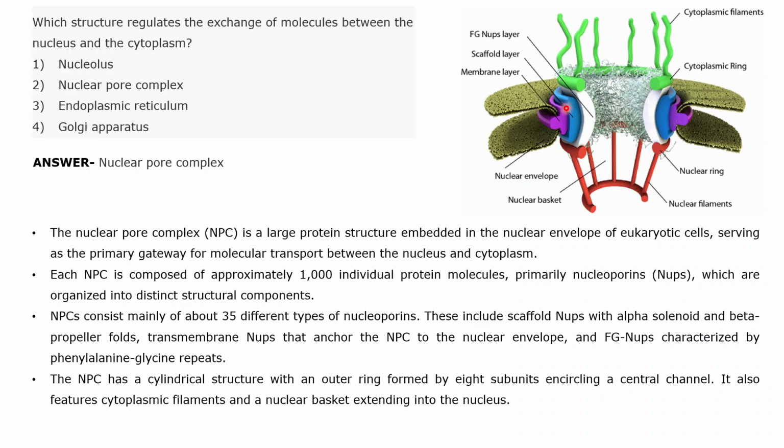There is a membrane layer that interacts with the nuclear membrane, and a scaffold layer present in between, and also an FG nucleoporin layer present at the central cavity or opening of the nucleoporins. The rest of the membrane is closed, but this nuclear pore helps as a channel.